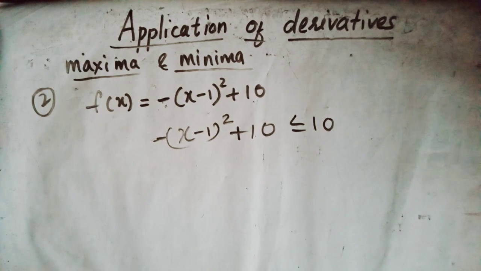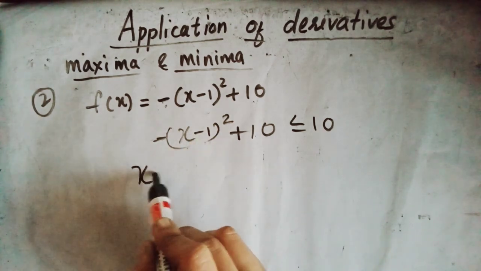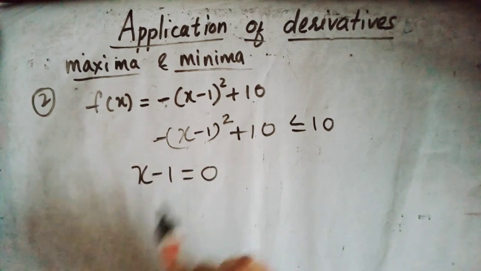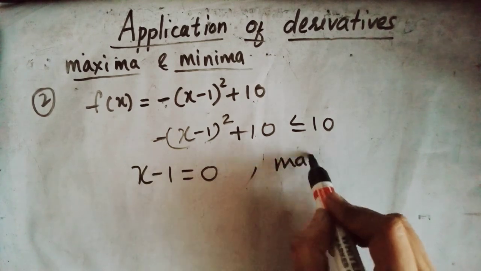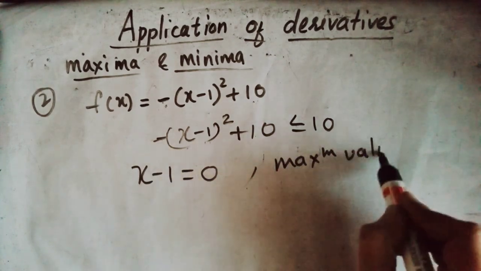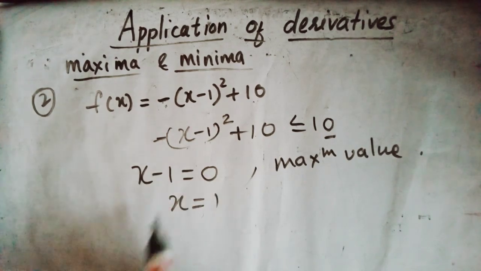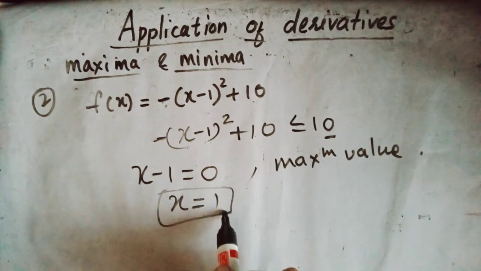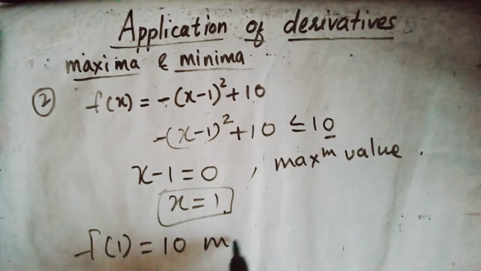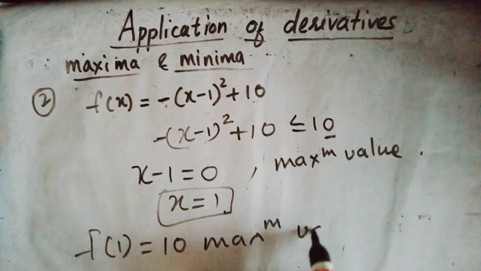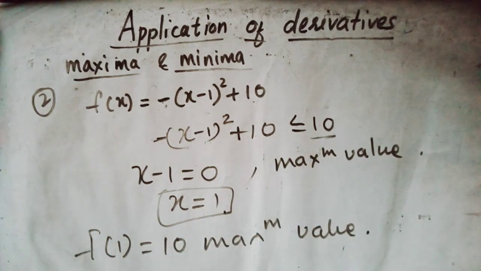Okay, so whenever you get x minus 1 equal to 0, then you are going to get the maximum value, that is 10. So you have to find x, which is 1. Okay, so f at 1, you are going to get 10, which is your maximum value. Okay, so minimum value doesn't exist.